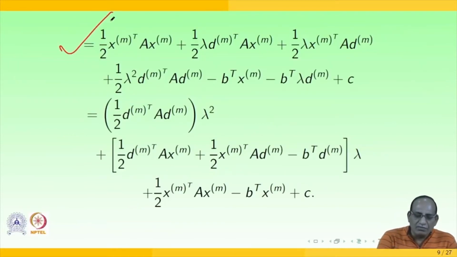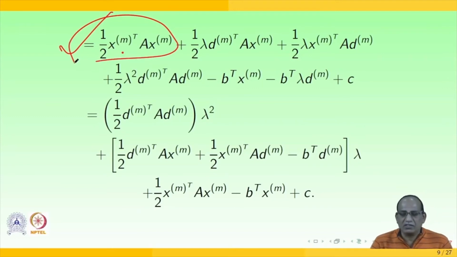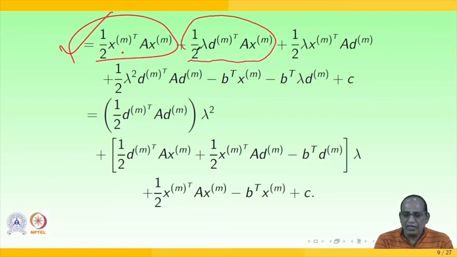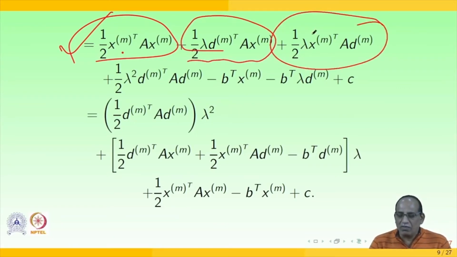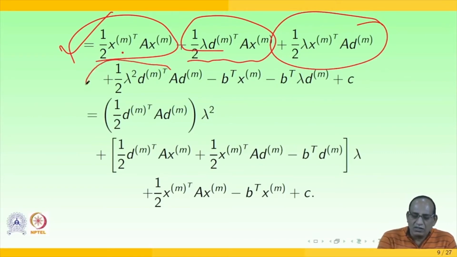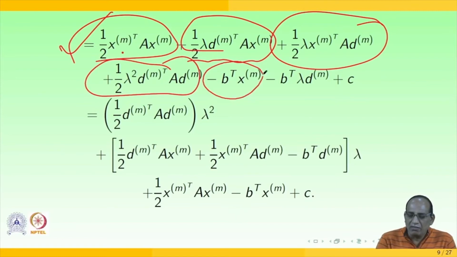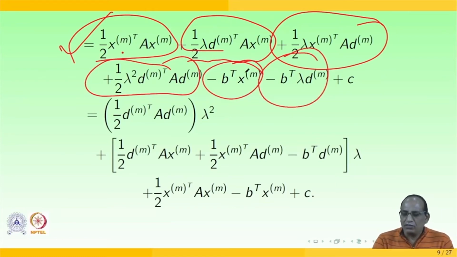When you simplify this, it will be 1 by 2 times x of m transpose A x of m, that is the first term, plus 1 by 2 times lambda d of m transpose A x of m, plus the third term 1 by 2 times lambda x of m transpose A d of m, plus another term, minus b transpose x of m, minus b transpose lambda times d of m, plus c.